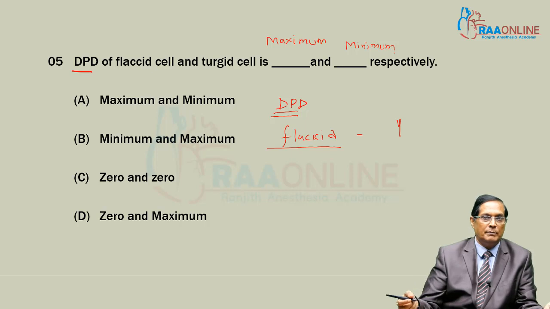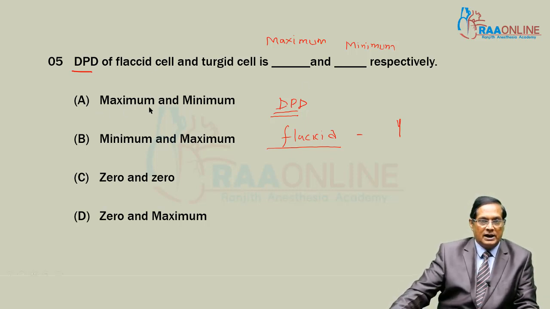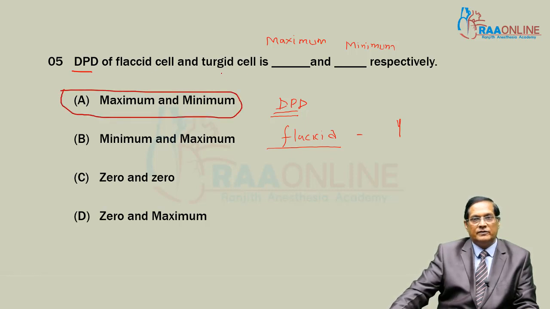So the answer for this question is maximum and minimum, the first one: maximum in case of flaccid cell and minimum for turgid cell. If it is fully turgid, then 0. So there is no possibility in this case.